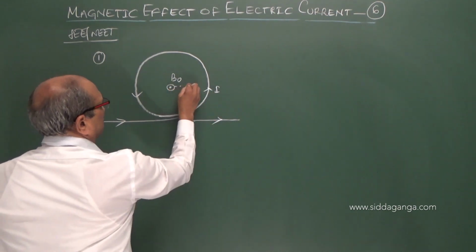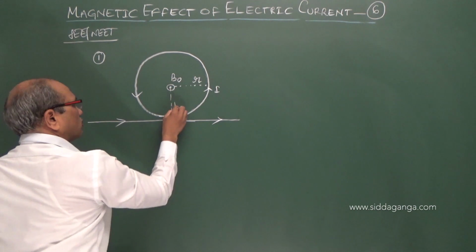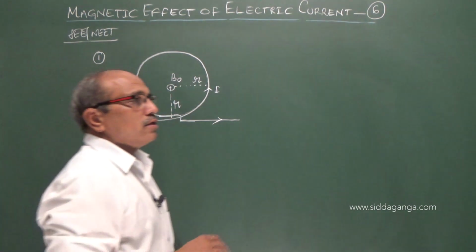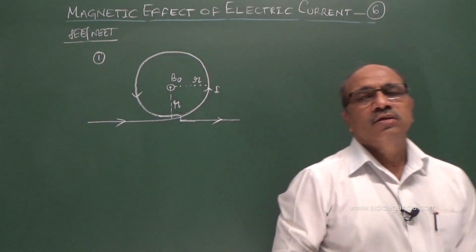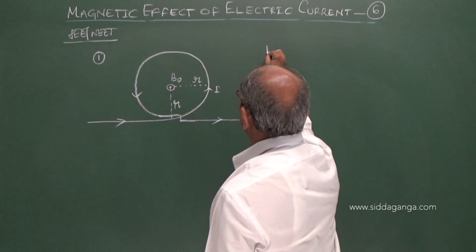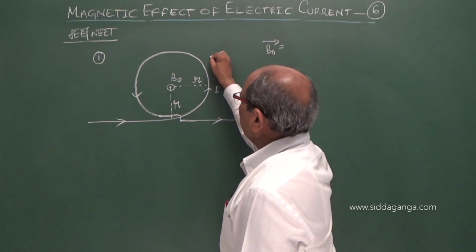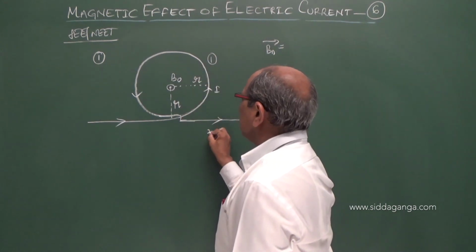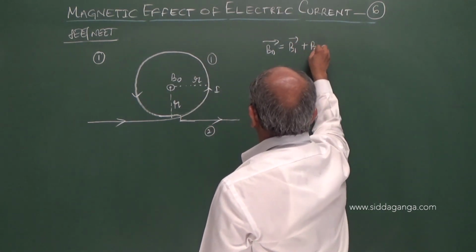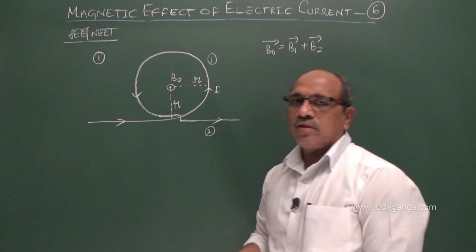Current I and radius is R. This distance is also R. How many wires are there? How many fields can be independently produced? What is the sum of those? B naught equal to, if I take this circular loop as 1 and straight wire as 2, then B1 plus B2 are the two fields that are produced at the center.